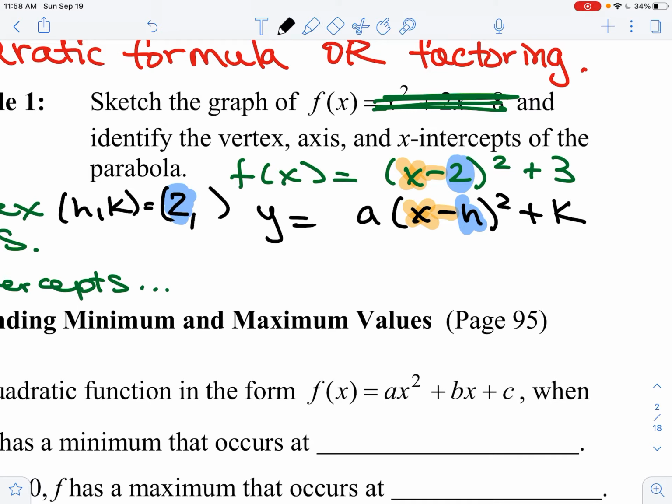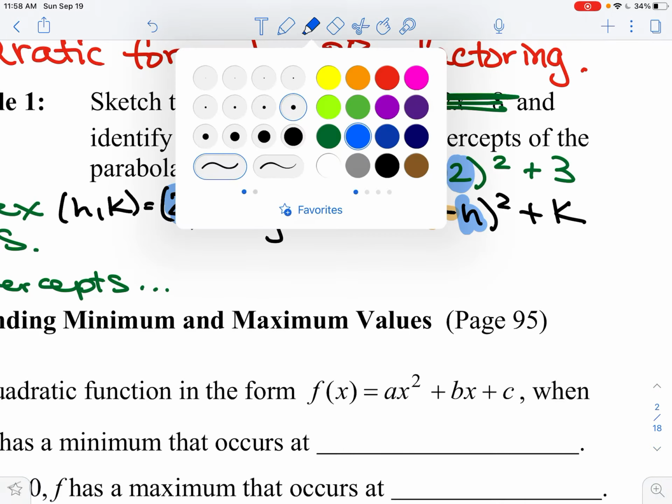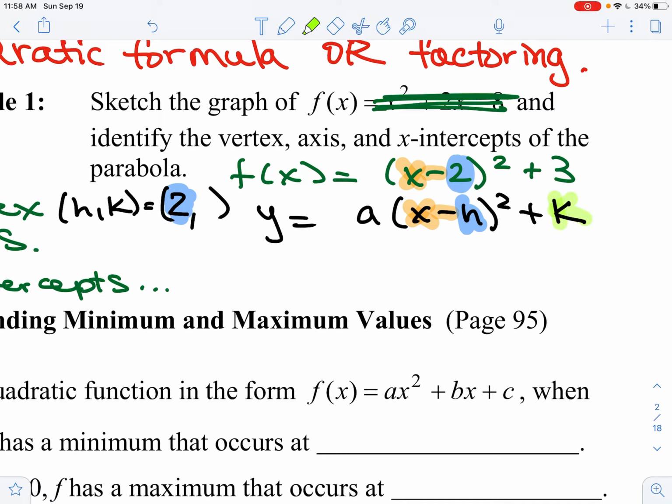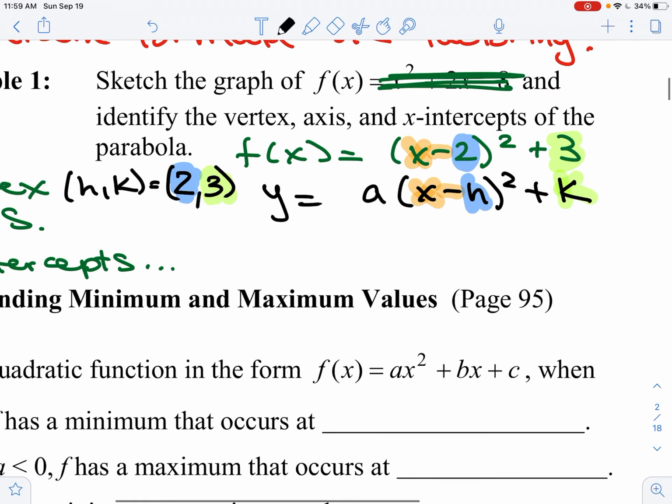Another way to think of this is if there is a negative in front of your form, your brain is going to see the opposite. So just like we saw x minus 2, we know that that value there is going to be positive 2. And then we know k comes after the plus sign, so that's just 3, and that's going to go here. That's our k value, is 3.